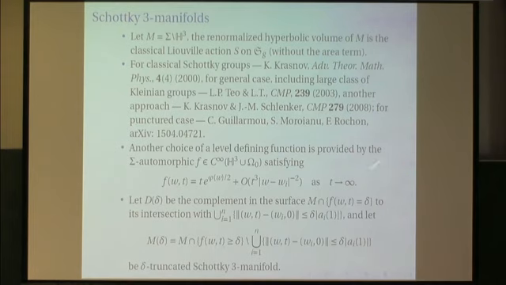Namely, you choose the marked points and take the level defining function, when you choose phi to be the hyperbolic metric, not on the domain of discontinuity of the Schottky group, but on the domain of discontinuity minus the orbit of marked points. This is omega naught, this is omega minus the orbit of the marked points.